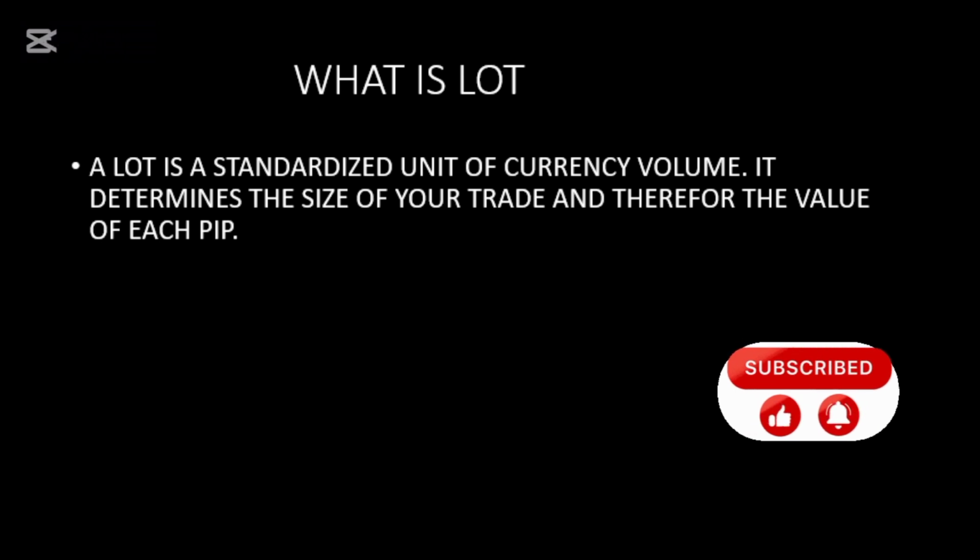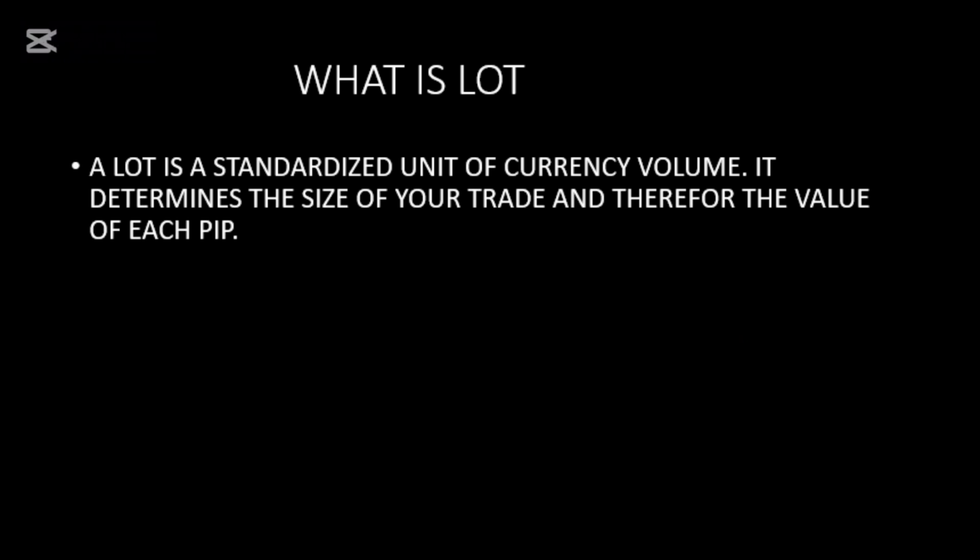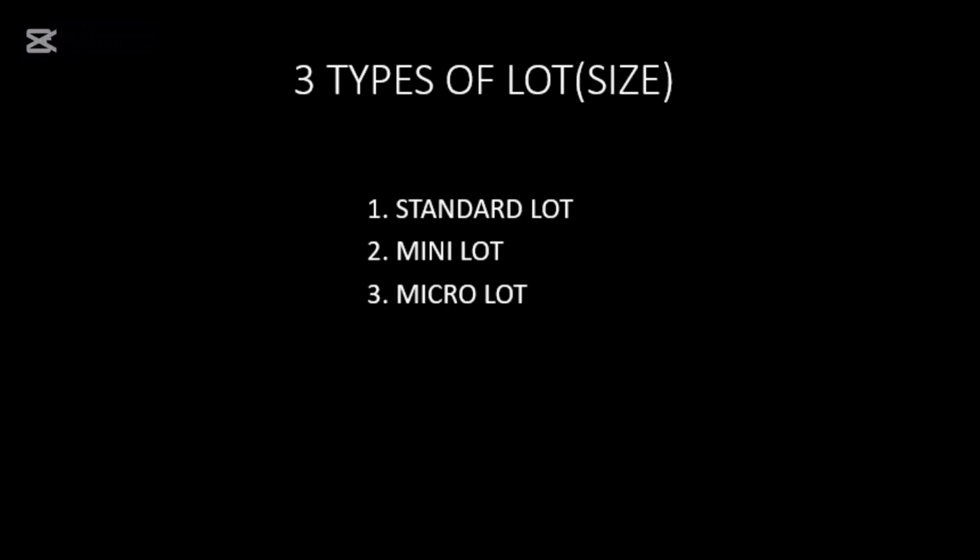Now, what is a lot? A lot is a standardized unit of currency volume. It determines the size of your trade and therefore the value of each pip. We have 3 types of lot sizes: the standard lot, the mini lot, and the micro lot.